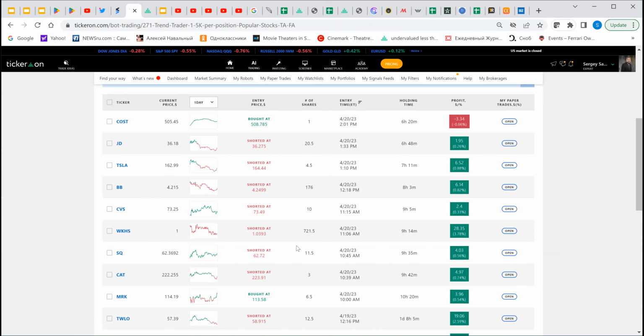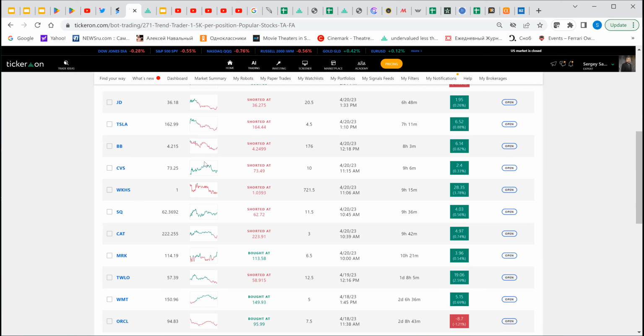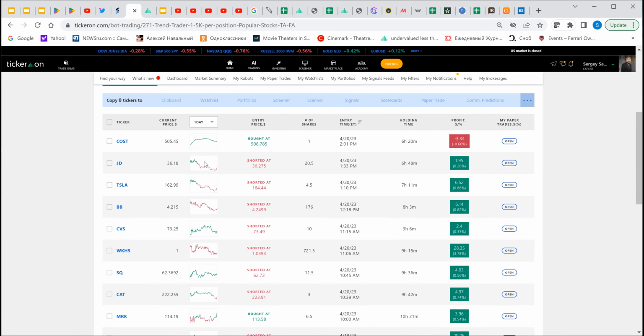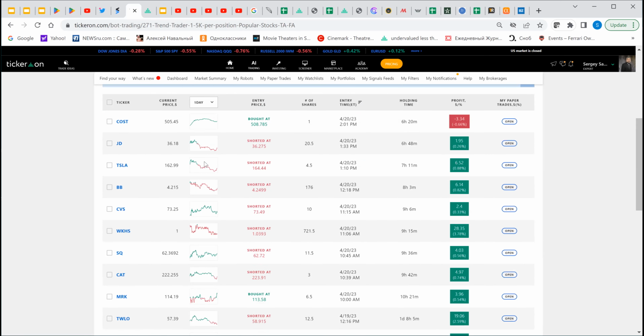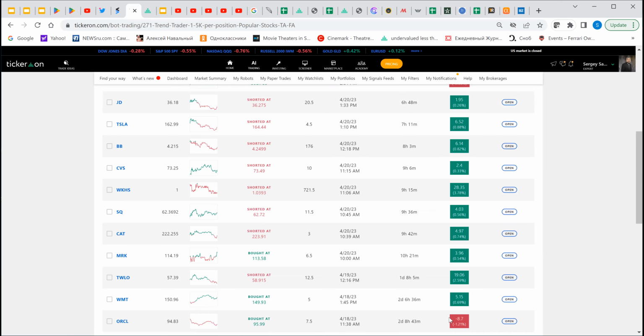So this virtual account has a balance of 50,000, and it doubled, with an annualized return of 22%, which is not bad. And as you can see, they are not bad trades.